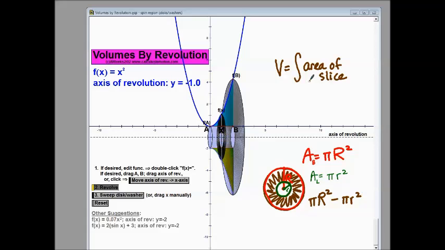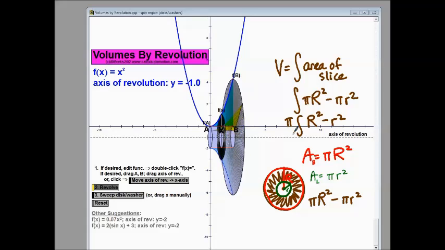So where my volume is still the integral of the area of a slice, now my slice is a washer. So it'll be the integral of pi big R squared minus pi little r squared. Or, because both of these have pi in it, factor out the pi, and it's just the integral of big R squared minus little r squared, and then we can multiply the pi to it at the end.